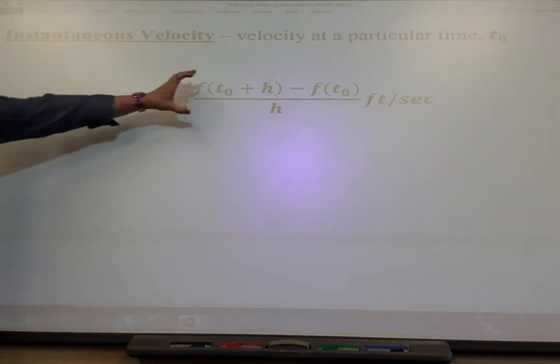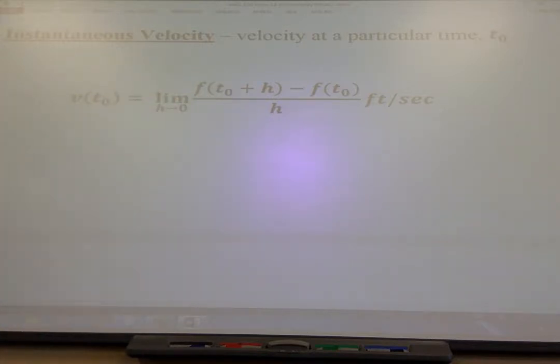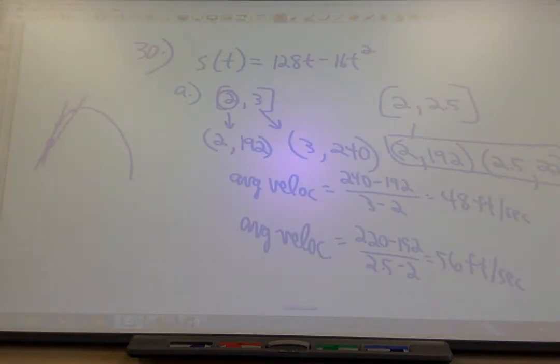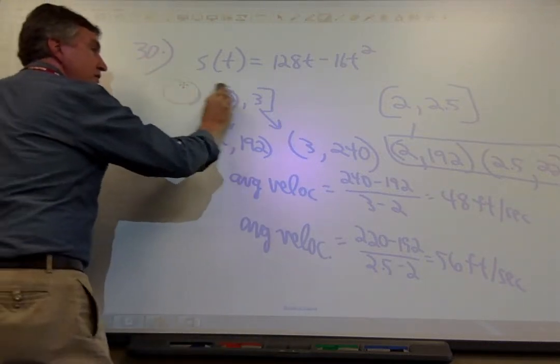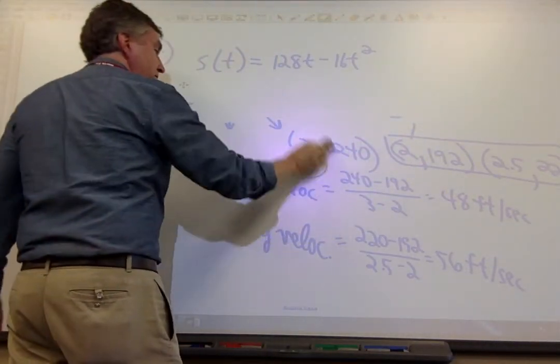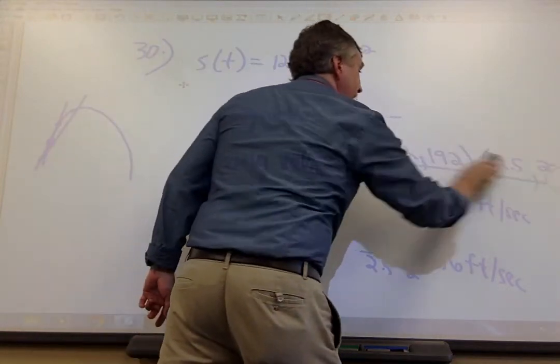But all I have to find is that limit, and I've got my instantaneous velocity at that one point. That's what they're asking me to do in 30b. What's the instantaneous velocity at time t equal 2? Well, let me erase some of this. So for part B, let's use that.